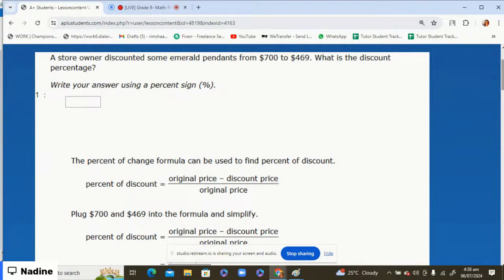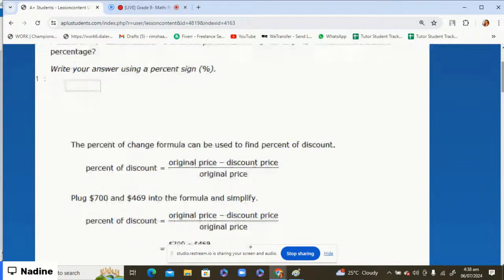Look at this question. From here we solve the question and then it's easy for us to understand. Okay, let's read. A store owner discounted some emerald pendants from $700 to $469. What is the discount percentage?